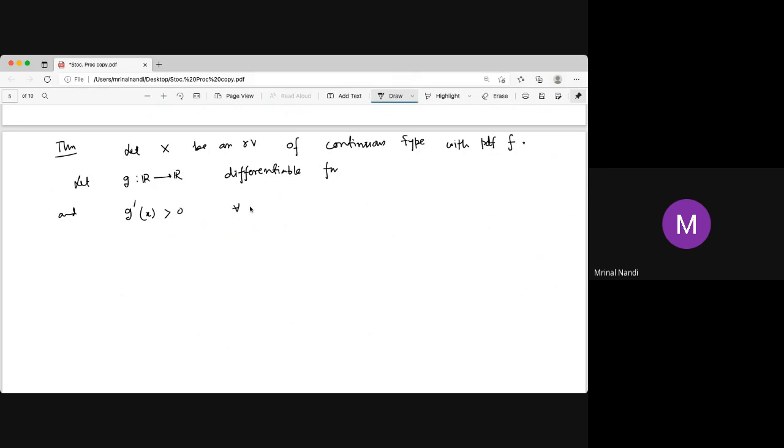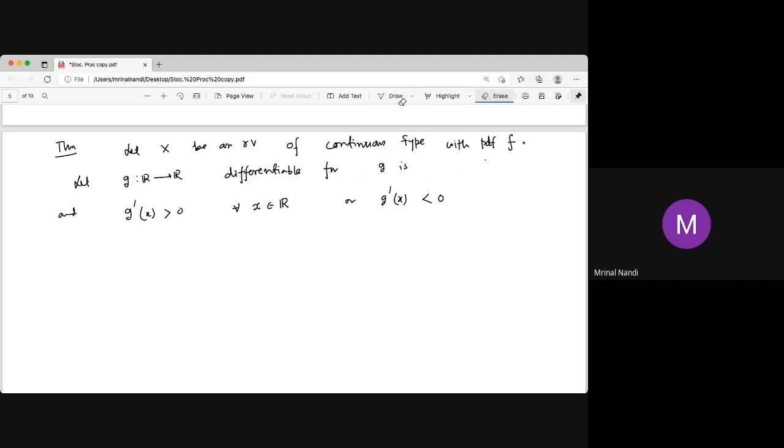That means it is a monotonically increasing function, or g dash x is less than 0, a monotonically decreasing function. So g is a differentiable monotone function, strictly monotone, either increasing or decreasing.